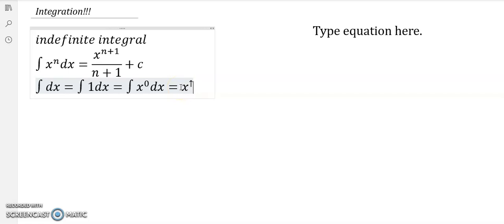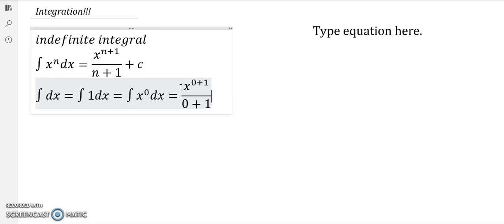We have x to the power 0 plus 1, all divided by the exponent 0 plus 1, plus the arbitrary constant c.